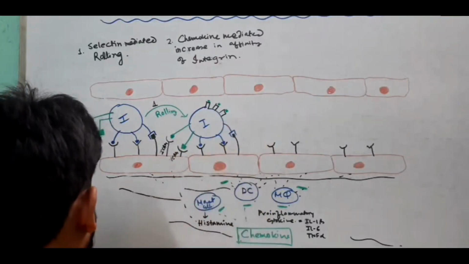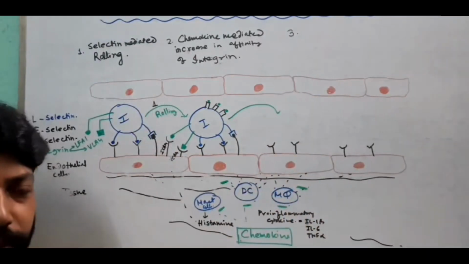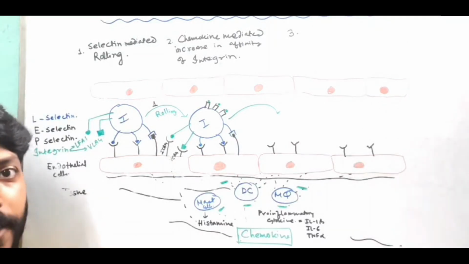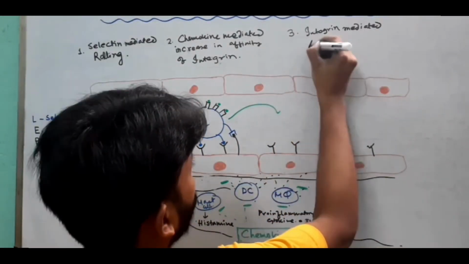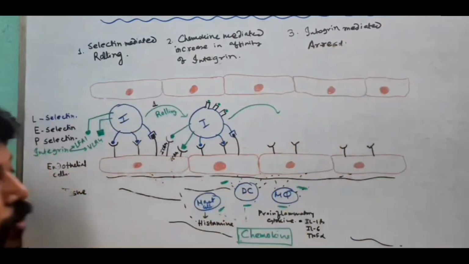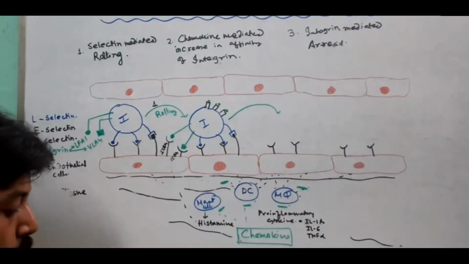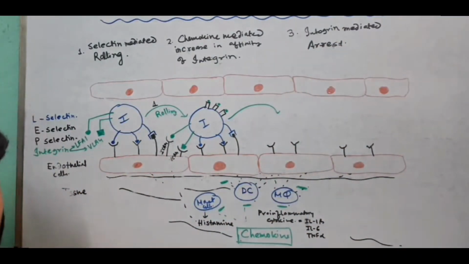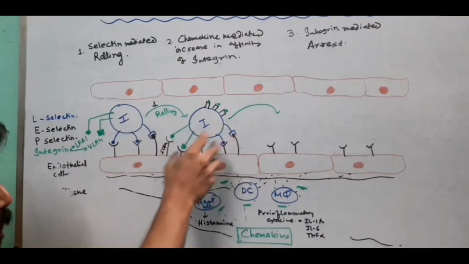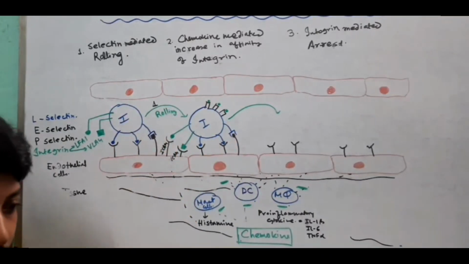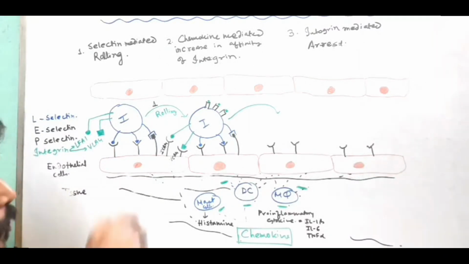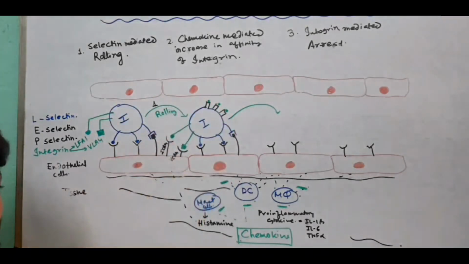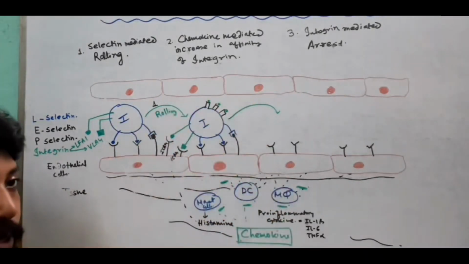Now the third situation occurs. As the integrin becomes high in affinity, what happens? Integrin-mediated arrest of immune cells occurs. So now the immune cells cannot flow. At first it was rolling because the affinity between the selectin and its ligand is low, so it can roll down. But when chemokine binds with the receptor, the integrin affinity increases.